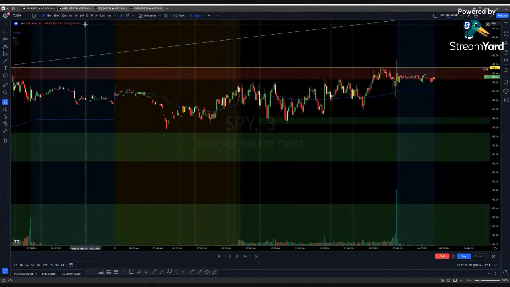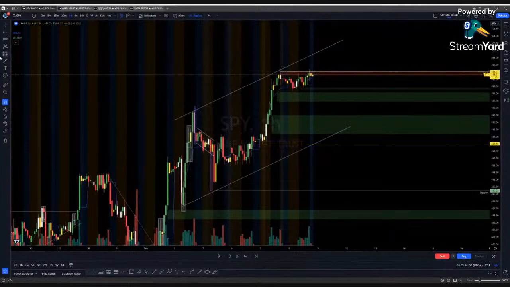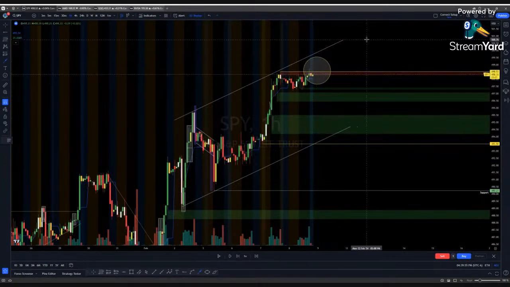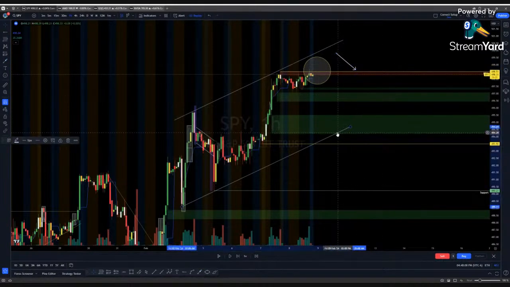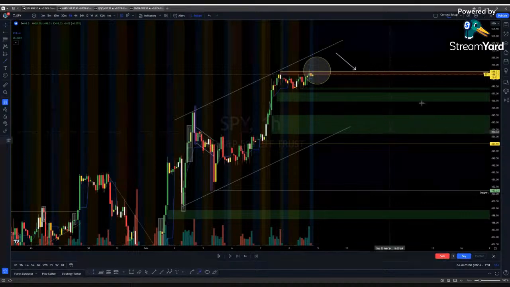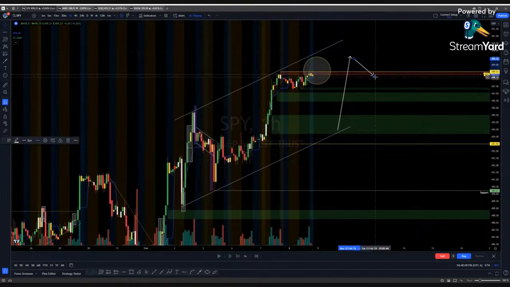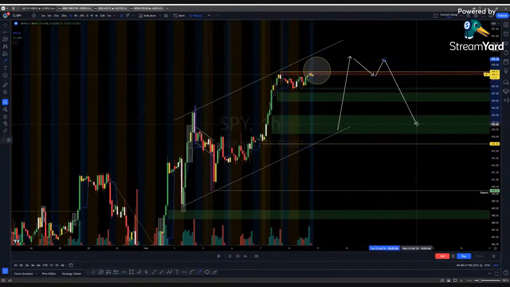What I'm looking for now is, let's say we have a push higher, buyers fail here in this area, we come back to this zone, then we have a strong push higher, pull back, push here, and they fail in this zone, and then they tag this low.